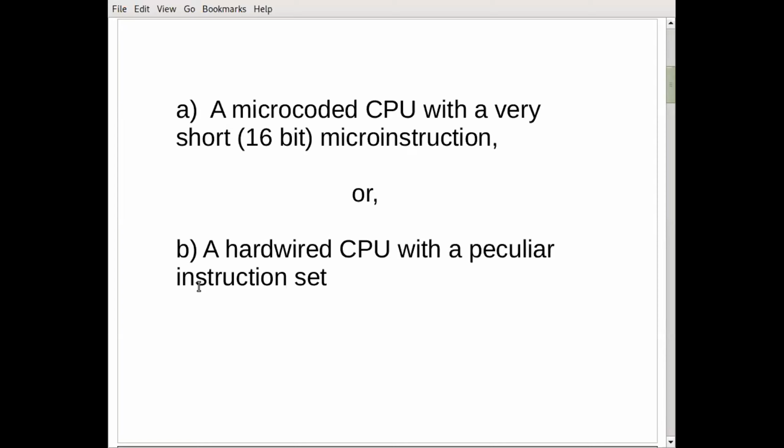So this is either a microcoded CPU with a very short micro instruction, a 16-bit micro instruction, which, as anyone will tell you, is pathetic. Or it can be viewed as, forget the micro instruction, it's a hardwired CPU. There is no micro instruction store separate from the main instruction store. A hardwired CPU with a very peculiar instruction set, or in other words, pathetic.